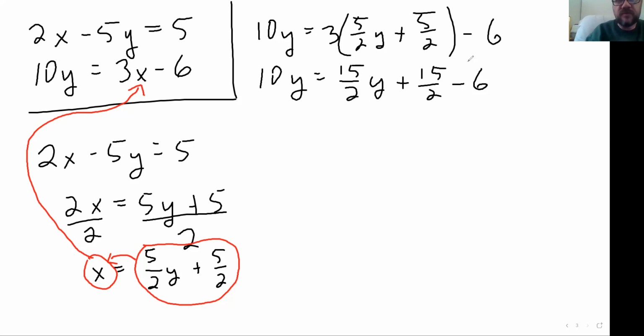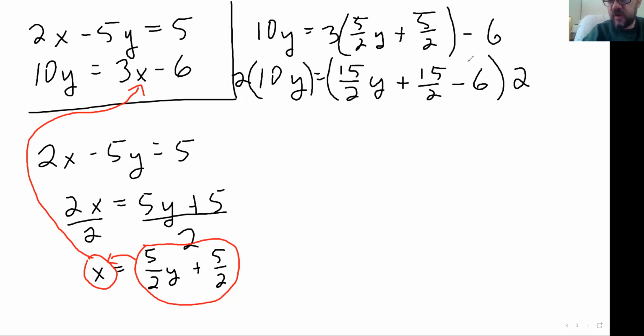And if you remember back from solving linear equations in the first topic, we talked about the way you can cancel the fractions is by multiplying by the LCD. Well, the LCD here is pretty obviously 2. So that's what I'm going to do. I'm going to multiply both sides of this equation by 2 before I have to do anything with the fractions.